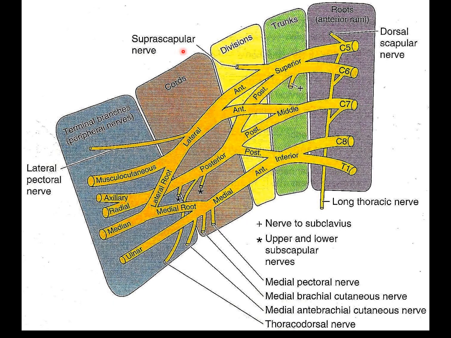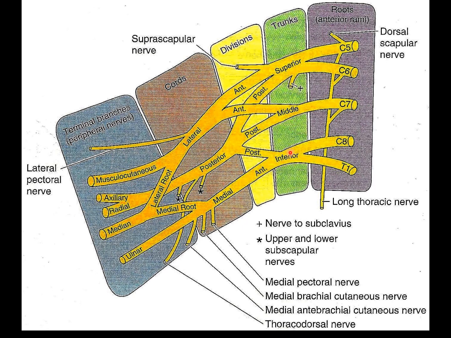And then after the formation of the cords, finally the terminal branches will arise from them. So this is the diagrammatic pathway of the brachial plexus, starting from the roots C5, C6, C7, C8 and T1. C5 and C6 unite together to form the superior trunk. C7 continues as the middle trunk. C8 and T1 unite together to form the inferior trunk.